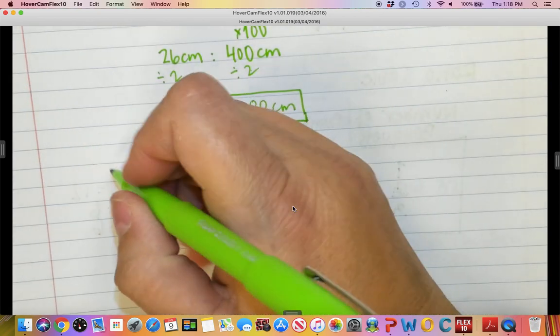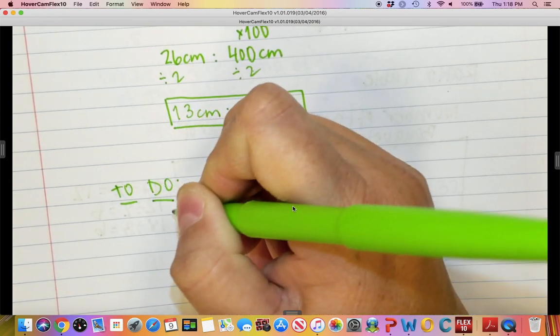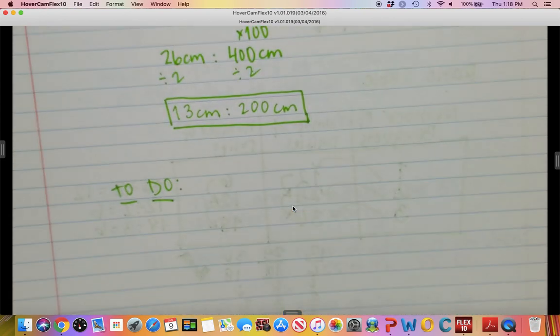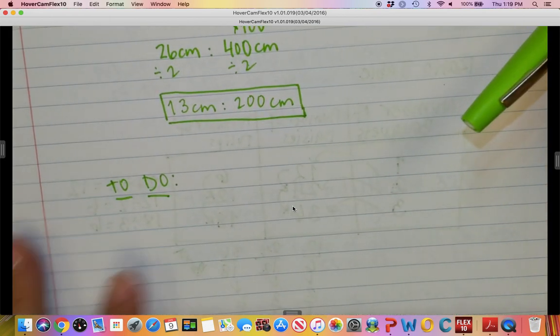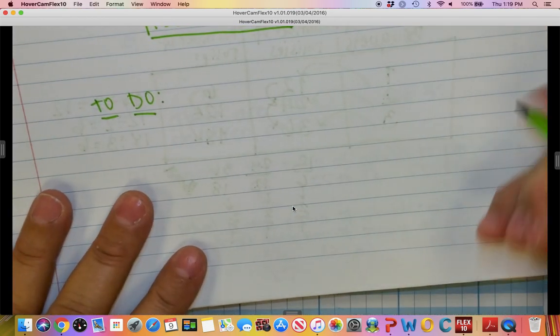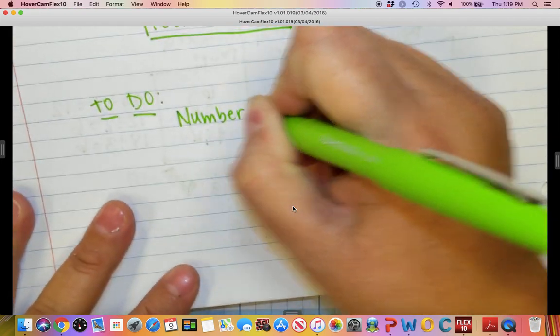Your to-do to practice the skills you just learned, I'm going to have you fill in a ratio table. So I'm going to give you some blank spaces to fill in. So we're going to put number of days here.